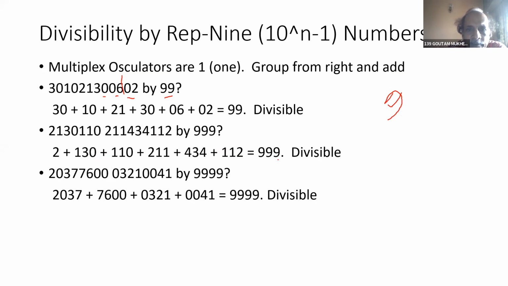And it is divisible by 99, we'll make it divisible. This is, we make it group of 4. Say this one, 0, 4, this. And this is 999, so divisible by 999, because the oscillator is 1, plus 1.